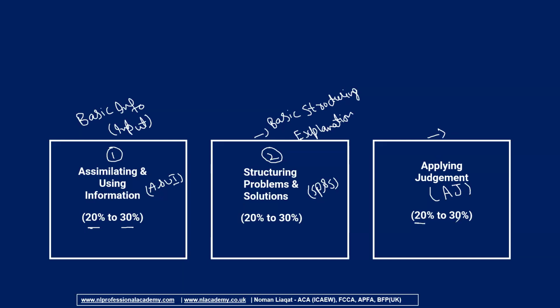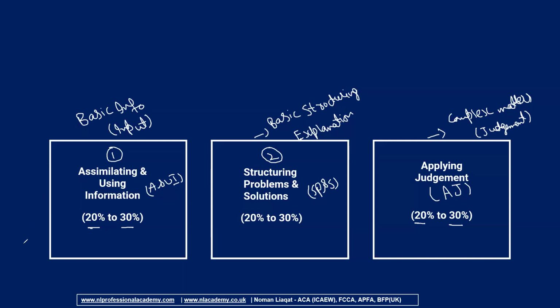Again, its percentage is 20% to 30% as well. So here you need to solve complex matters through your judgment. That is your applying judgment. So on this slide, we talked about 3 skills: first A and UI, second SP and S, and third AJ.